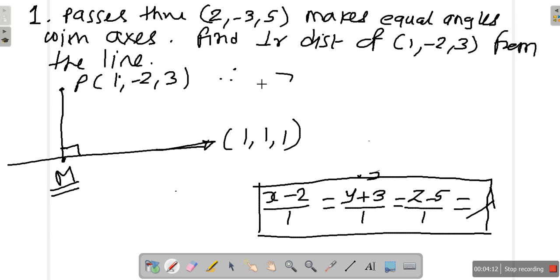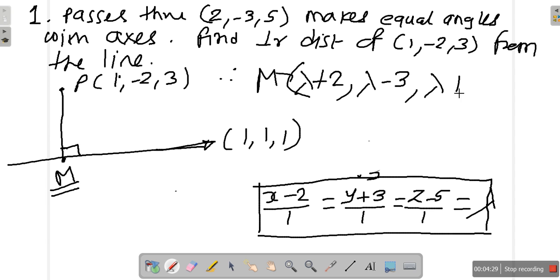They represent coordinates of any point, so they can also represent coordinates of M. So what will be the coordinates of M here? See carefully. (x minus 2) upon 1 is lambda, that gives you x as lambda plus 2. The y coordinate will be lambda minus 3, and the z coordinate will be lambda plus 5. So these are the coordinates of M. These are the coordinates of P. So what is PM bar?